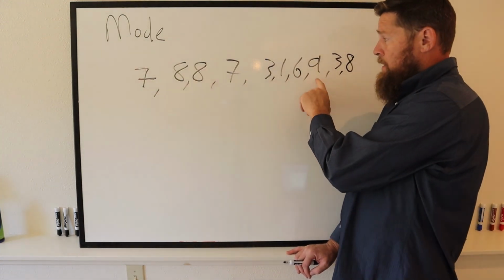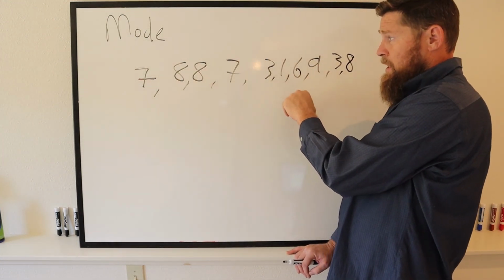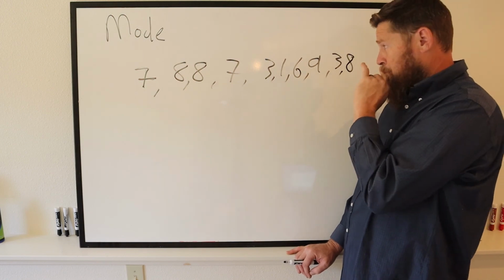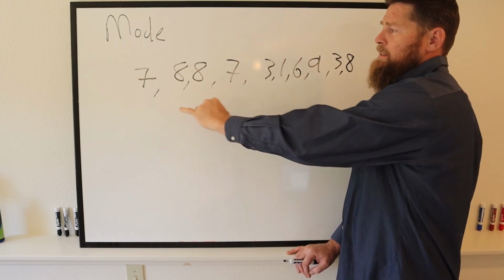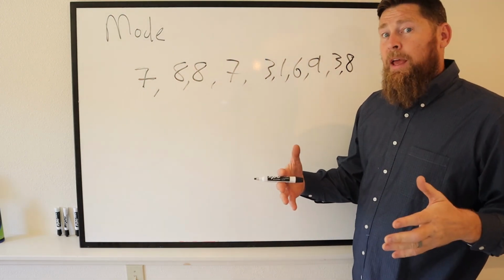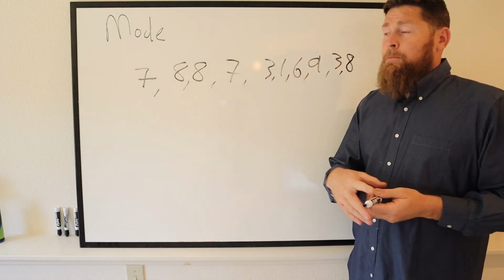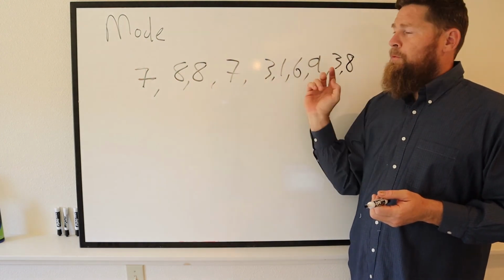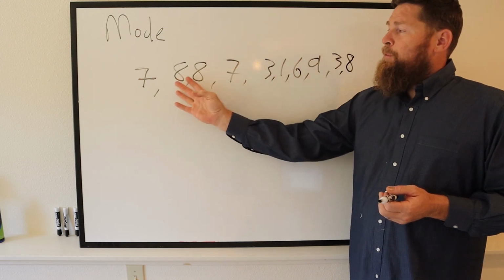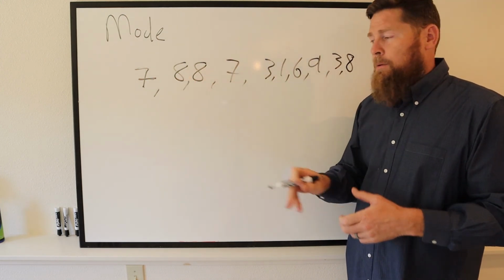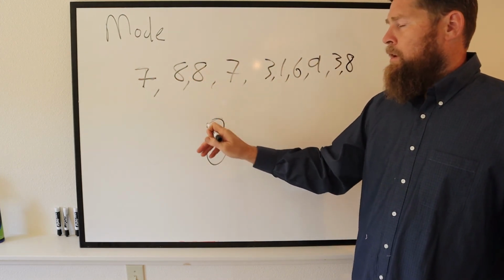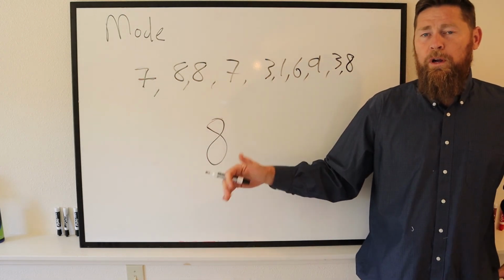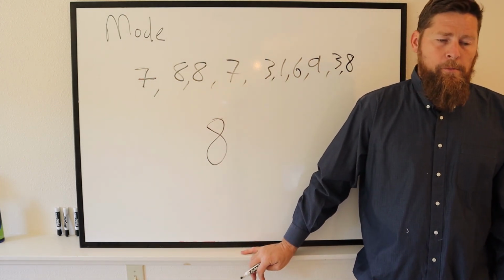Although 9's represented once, 1's represented once, 6 is represented once, 3 happens twice, and 7 happens twice. So now we have multiple iterations of numbers, 7 and 7, 3 and 3, but we have 3 of 8s. So 8 becomes the mode. The most frequent score in our data set here is 8.